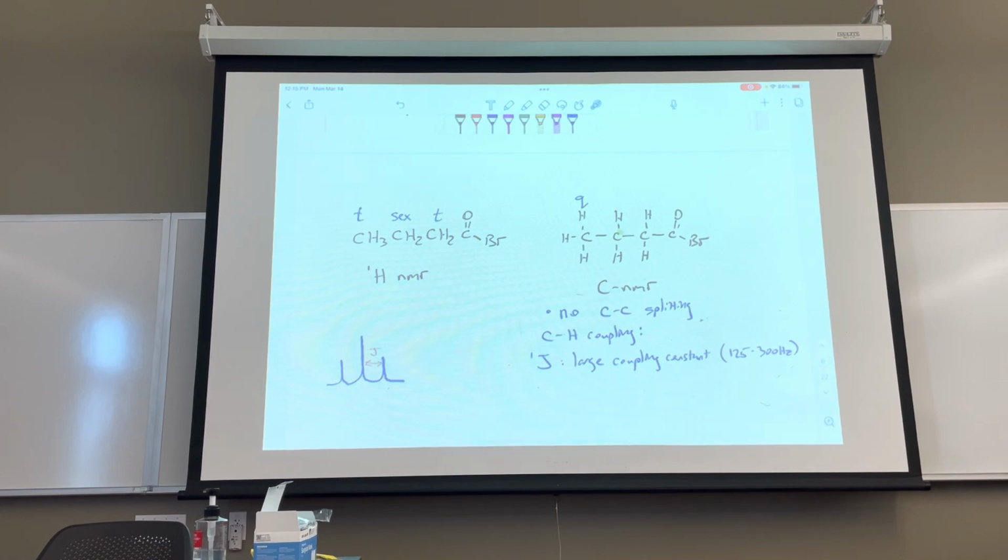The next one over, the CH2 group here, has 2 protons directly attached. 2 + 1 is 3, so this would appear as a triplet. Same thing with the next one. This one is CH2, 2 protons directly attached, 2 + 1 is 3. It would also appear as a triplet.